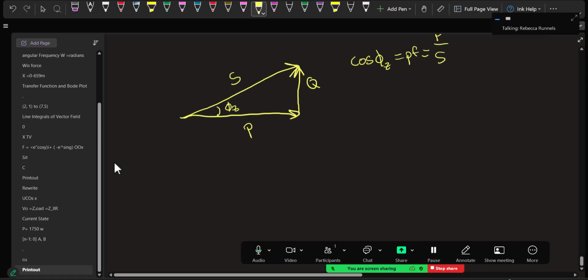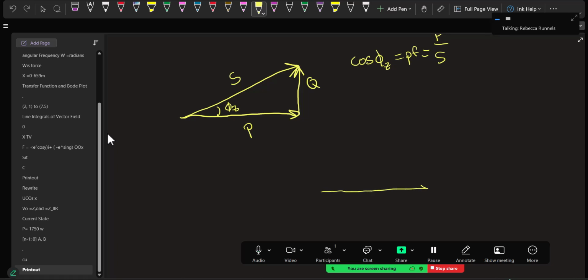Since we're here and talking about shunt capacitors, let's talk about what you would do if you had a certain amount of real power, which is what's useful, but then you have a heavy inductive load like that.